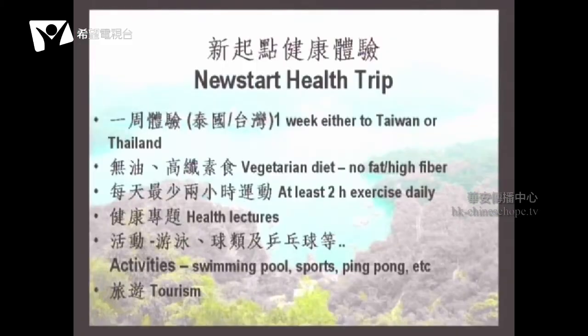And then they have the opportunity to have daily health lectures, and an opportunity to do some tourism and shopping.